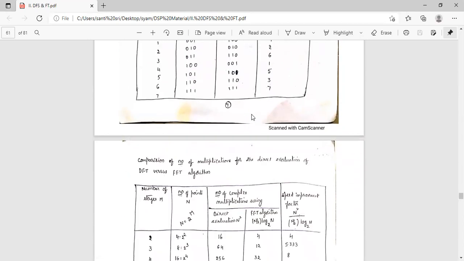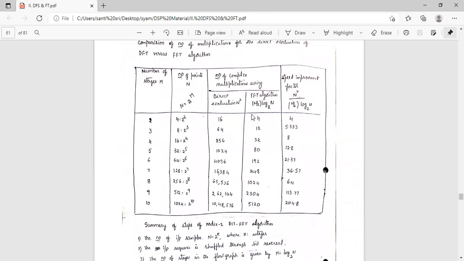The number of multiplications for the direct evaluation of DFT versus the FFT algorithm are like this. The number of stages is m, which is 2, 3, 4, 5, 6, 7, 8, 9, 10. The number of points is denoted by n, so n equal to 2 power m. So 2 power 2 is 4, 2 power 3 is 8, 2 power 4 is 16.